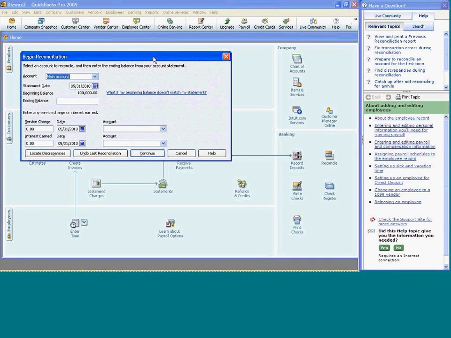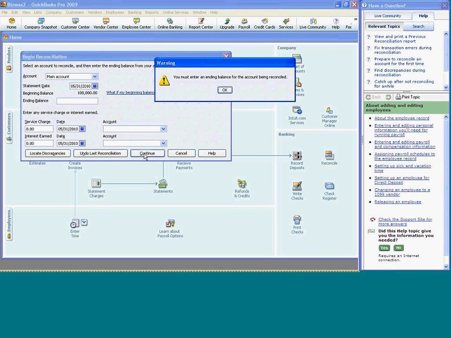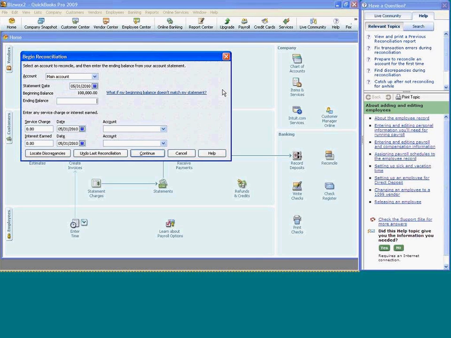And so what we can do in this case is begin reconciliation. So the idea of reconciliation is that we can show, so just continue over here one second. Remember I said that our main account had $87,500.